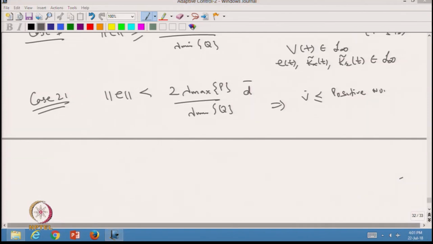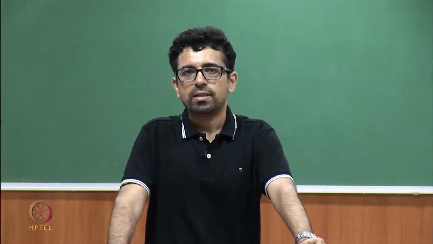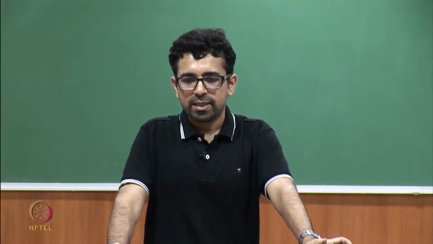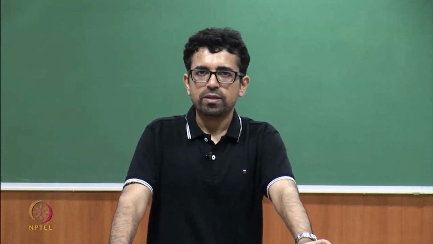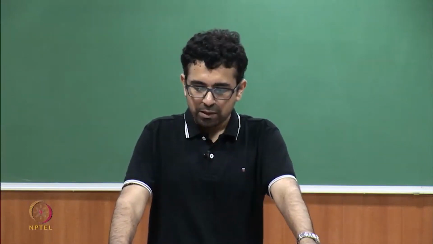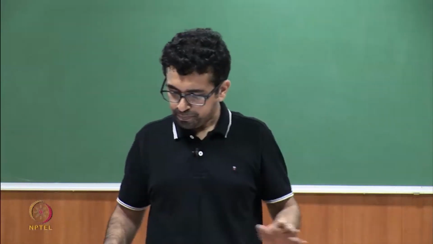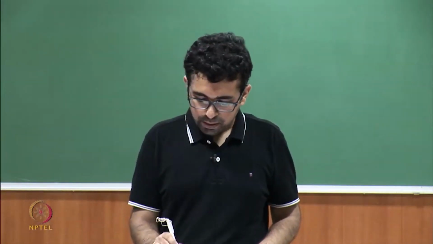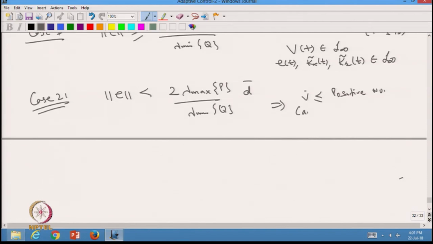So, what that means is that we cannot really conclude about V dot. It could be negative, it could be positive. All we know is that V dot is less than or equal to some positive number. Okay. So, we can't conclude from here, and we can't say that V of t is bounded. We can't guarantee that V is in fact bounded.